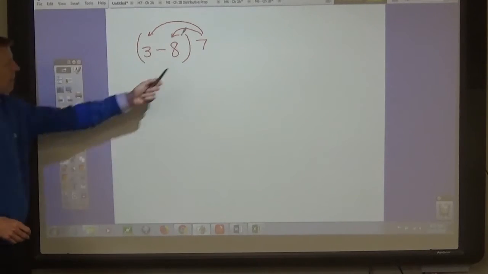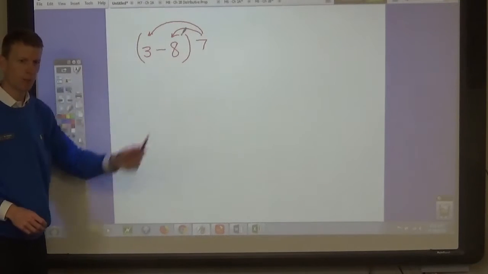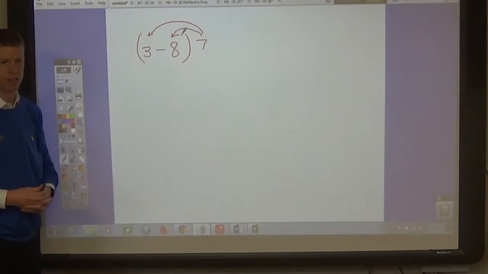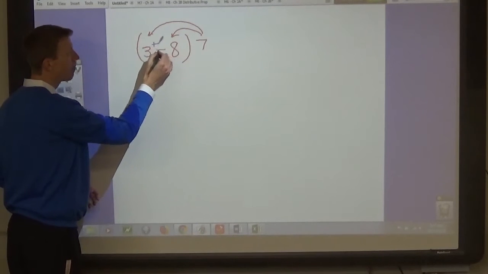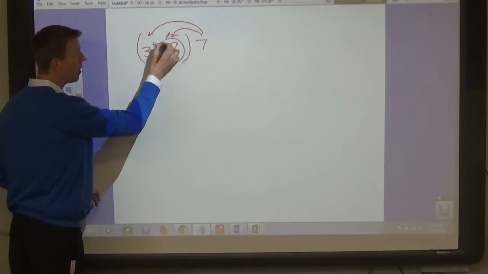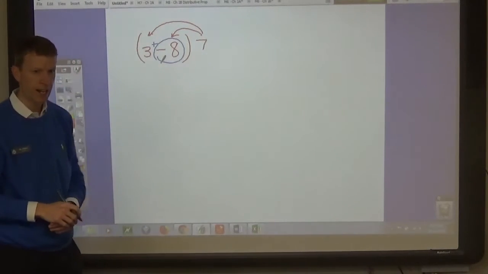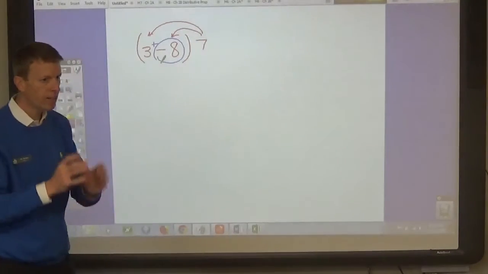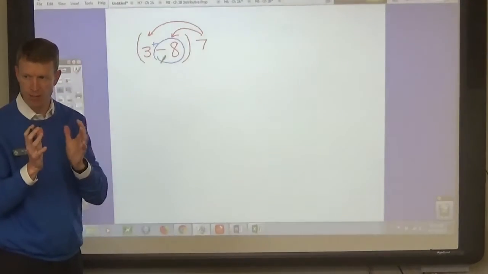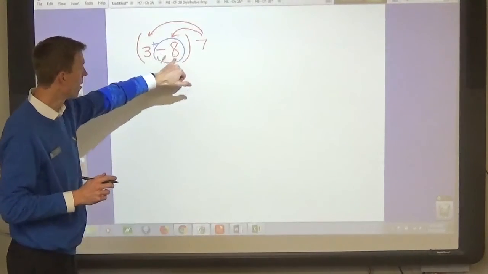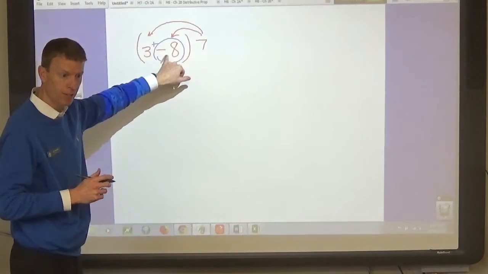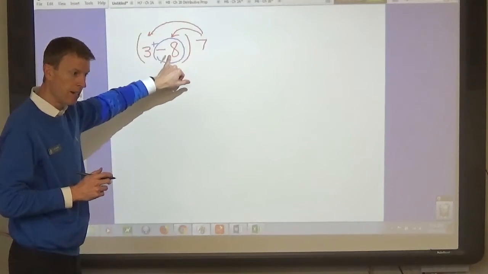Would you multiply 7 times negative 8 or 7 times positive 8? Negative, yeah. Because the sign in front of the number always tells you if the number is positive or negative. So the sign in front of this number is negative. So this is a negative 8.